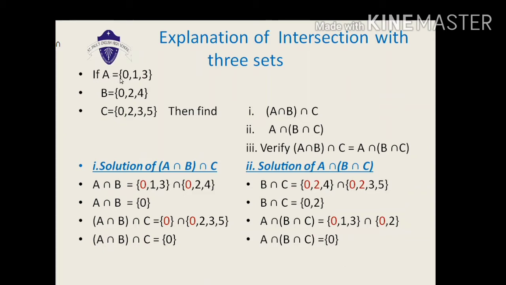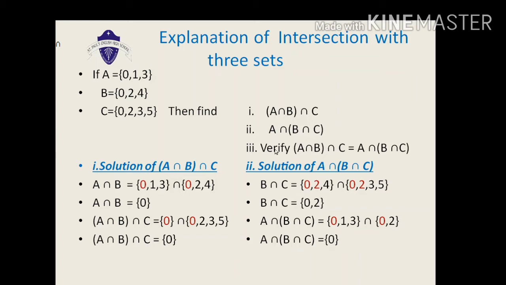If A = {0, 1, 3}, B = {0, 2, 4}, C = {0, 2, 3, 5}, then find number 1: (A ∩ B) ∩ C. Number 2: A ∩ (B ∩ C).